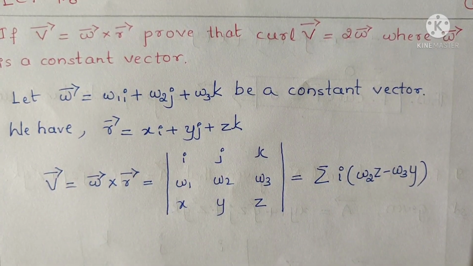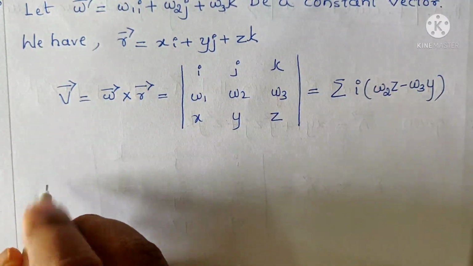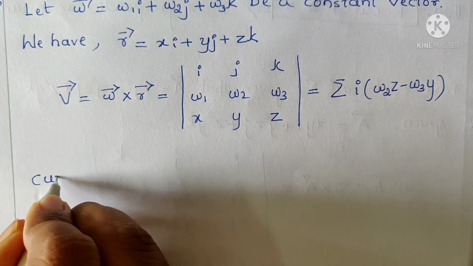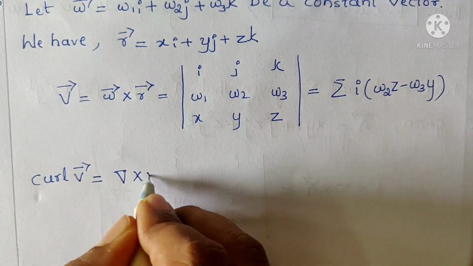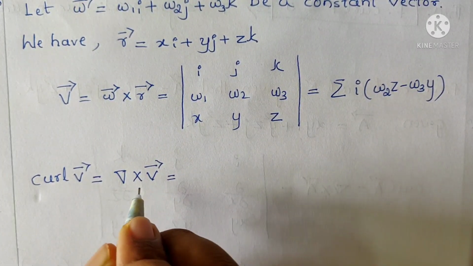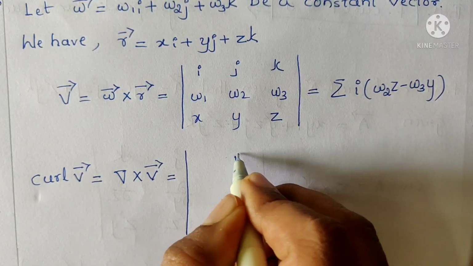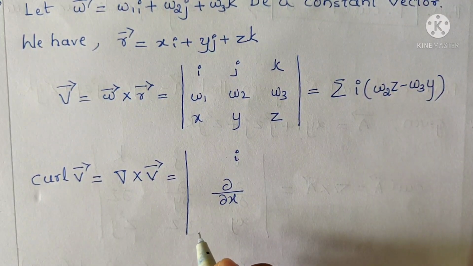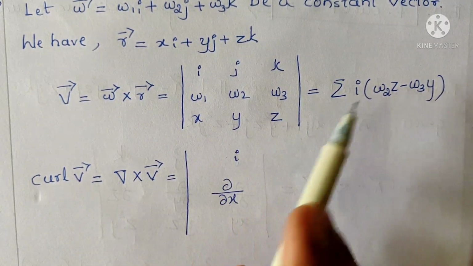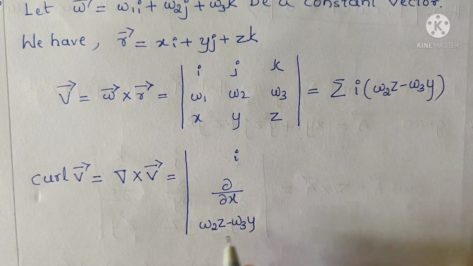So next, curl of vector v. We found vector v. Now curl of vector v is what? Del cross vector v. So del cross vector v is again a determinant: i, j, k. Del's coefficient of i is dou by dou x, and here the coefficient of i in vector v is w2z minus w3y.